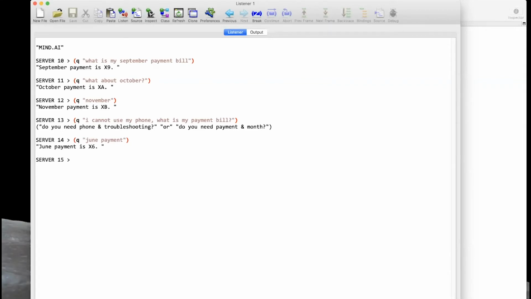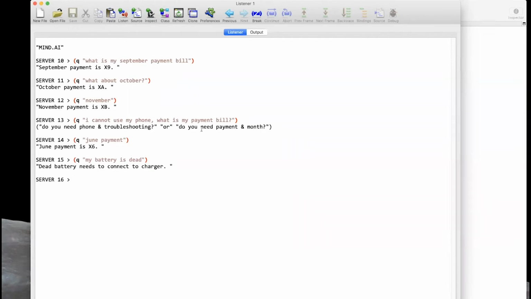Okay. Then from there, I guess we can go on to our third problem, which is hopping between contexts. What happens if we ask a troubleshooting question like, my battery is dead? Okay, so we have this simple resolution for a dead battery. Dead battery needs to connect the charger.